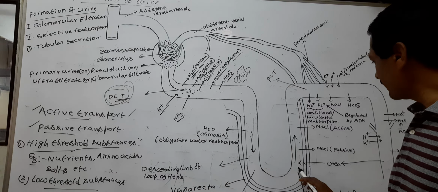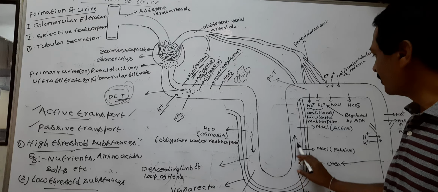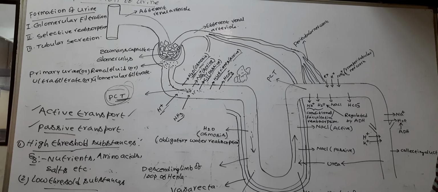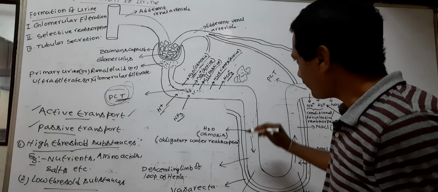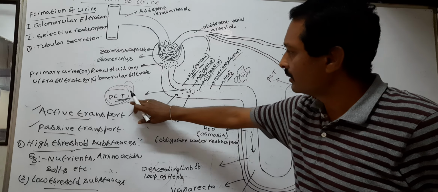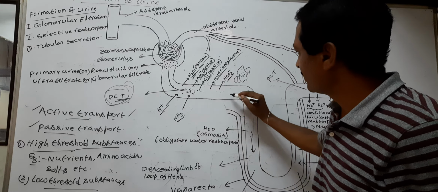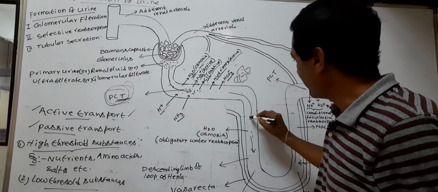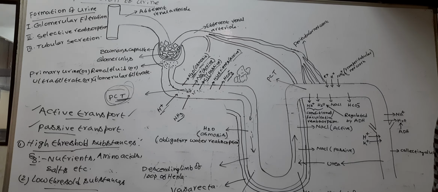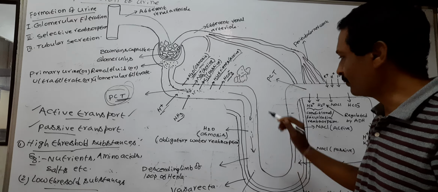The ascending limb moves to the cortex. Next, after absorption in the PCT, the primary urine enters the descending limb of the loop of Henle.